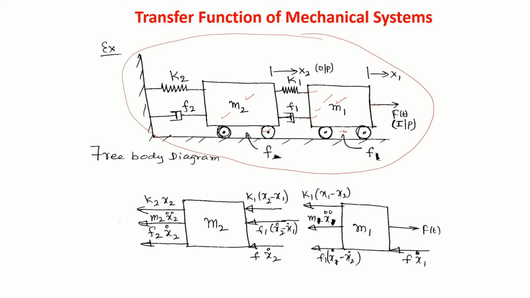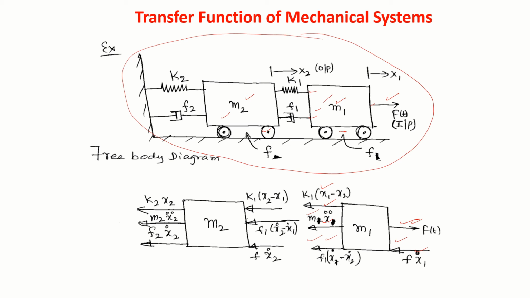Here we have 4 plus 1. There should be 5 forces. So 1, 2, 3, 4, 5 forces. Out of that, F of t is the external force acting outwards, as shown. All other forces should oppose the motion. 1, 2, 3, and 4.